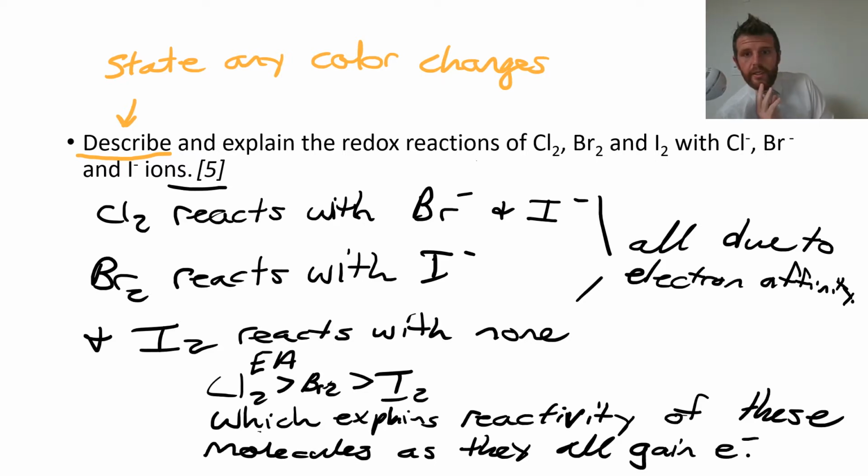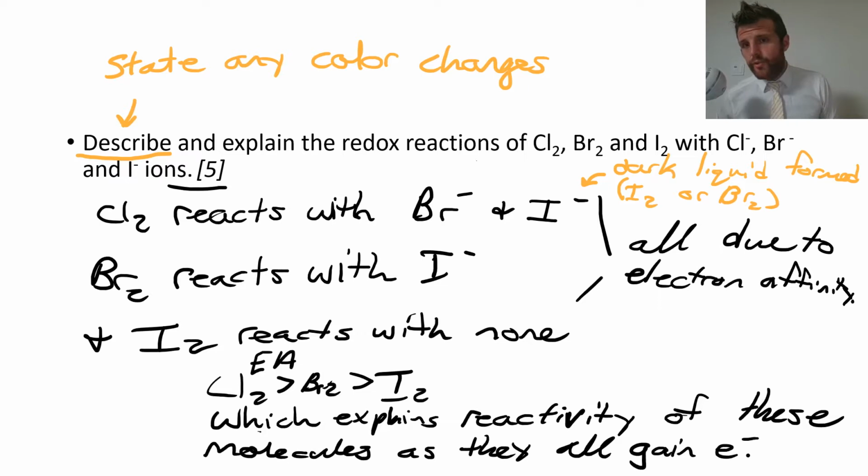In this one, I would say we would end up seeing a dark liquid formed, because we would be forming I2 or Br2.